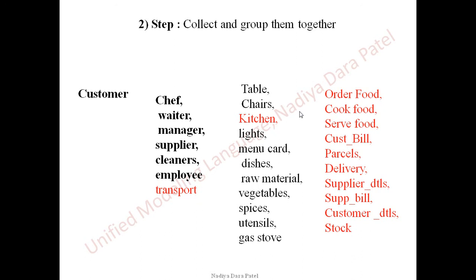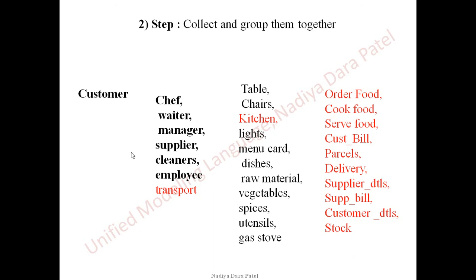So right now I can categorize the complete set of our words into actors and use cases. So the major work is done. We have found our actors, we have found our use cases, but there is still a big list of things which are right now not even actors and not even use cases.